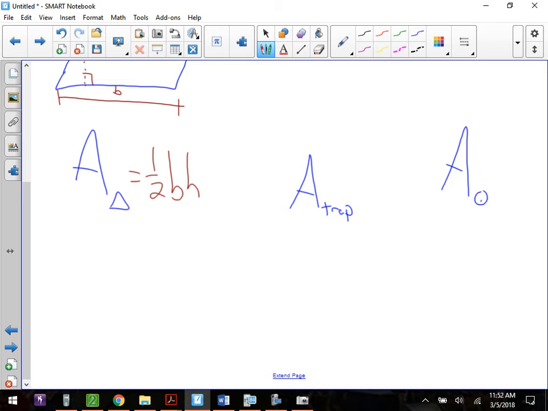One of the things that students tend to forget about when you're talking about triangles is that you basically have 3 different versions of what they look like. You have your right triangle, which is very easy to tell where your bases and heights are because it's always where the right angle is formed. So those are your bases and heights.